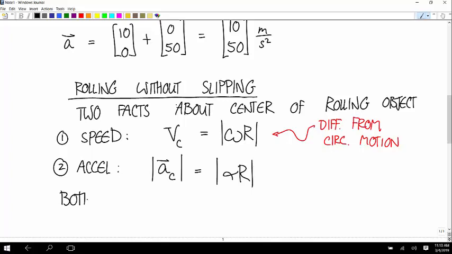And both of these are parallel to the surface, along the surface that the thing's rolling on.